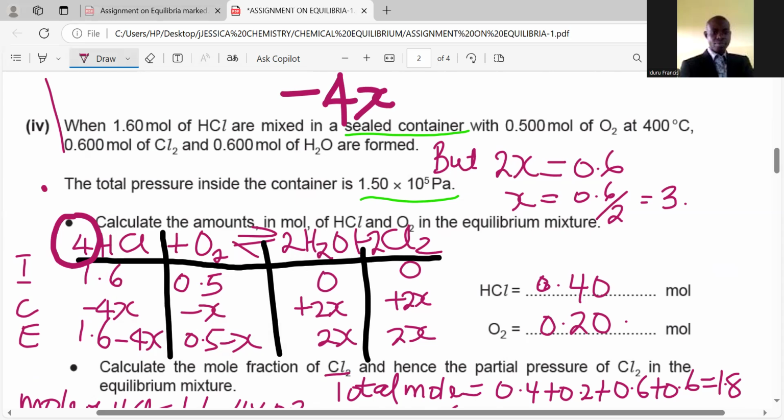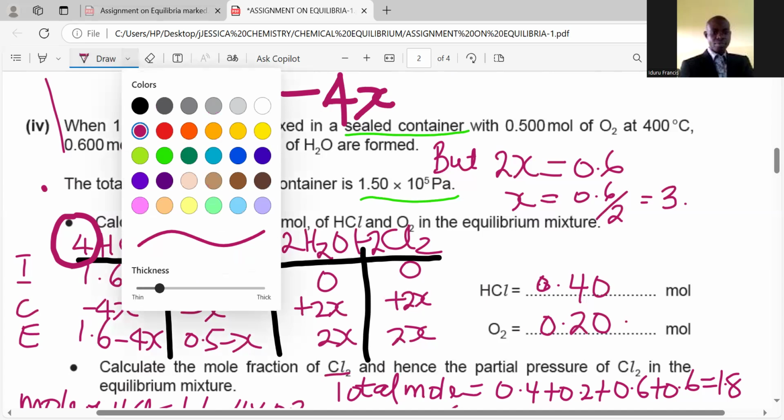But the decrease goes with respect to the mole of the reactant. So for HCl it is 4, so minus 4x there. And for oxygen, there is 1 mole there, so minus 1x or simply minus x.